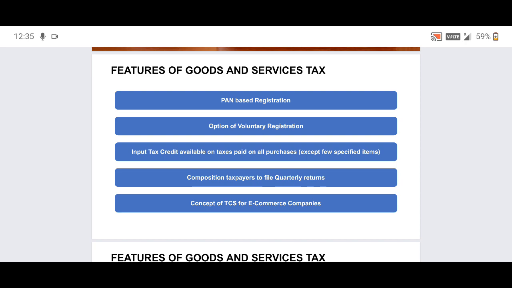Now you will calculate the GST on your output service, that is, marketing services. The GST rate on marketing service is 18%. So the GST amount on the value of your marketing service is 1 lakh rupees into 18%, which is equal to 18,000 rupees.